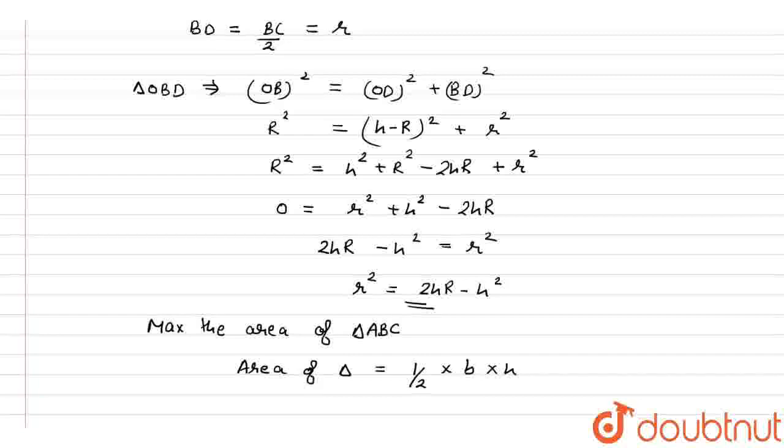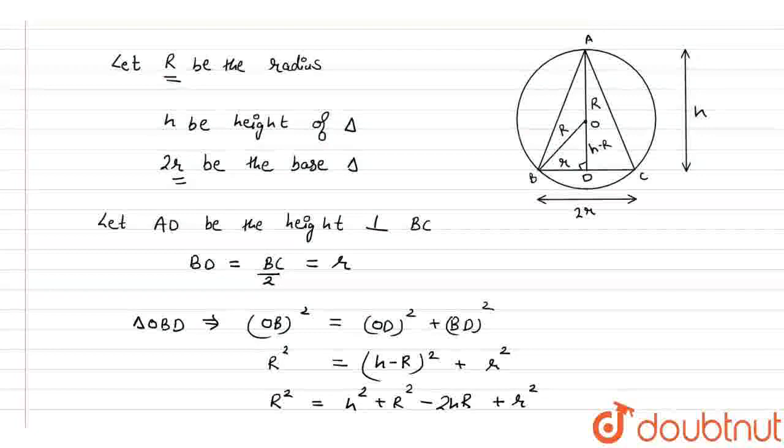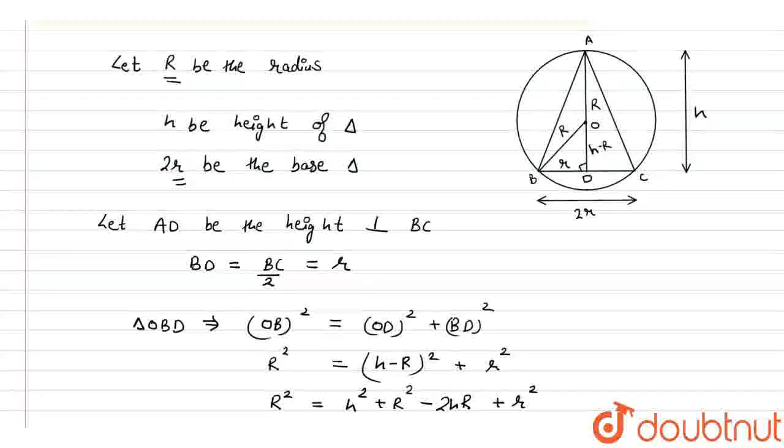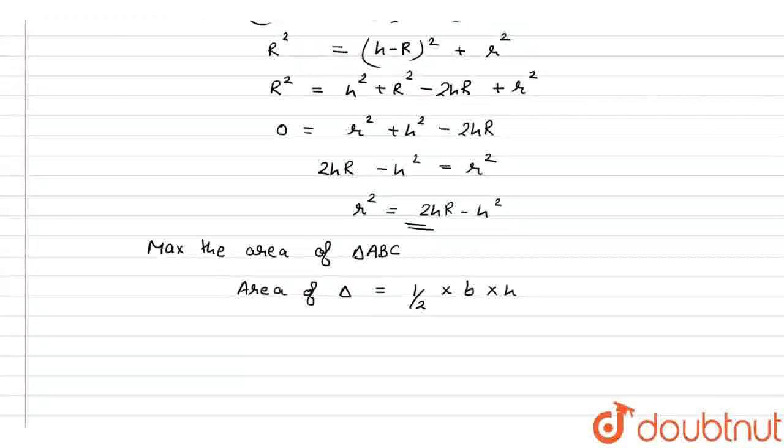So according to this, our base over here is 2r and height is small h. So we'll put over here 1 by 2 into base 2r and height small h. This will become r into h. This is the area of triangle.